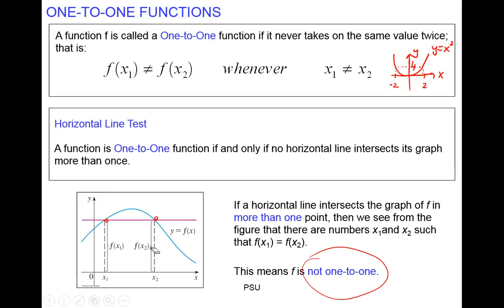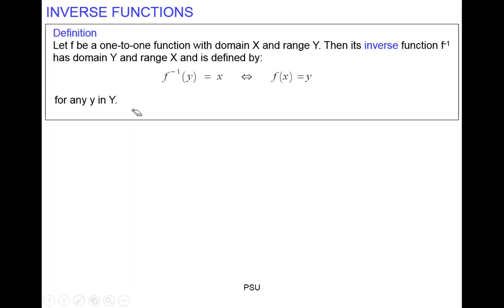It's still a function, because for one x, it's exactly 1 y, but the same y is used for another x. That means that's not a 1-to-1 function. A function must be one-to-one in order to have an inverse. Please remember, that's not one-to-one, and we can check. Of course, that's the tool.